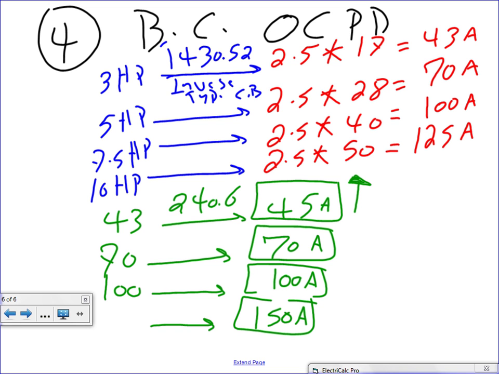And 125 is the standard, so you continue with 125. If it wasn't the standard, where do you go? Go up. Where do you find these standard ones, guys? These are from Article 430.50. It's not really a table, it's an article.